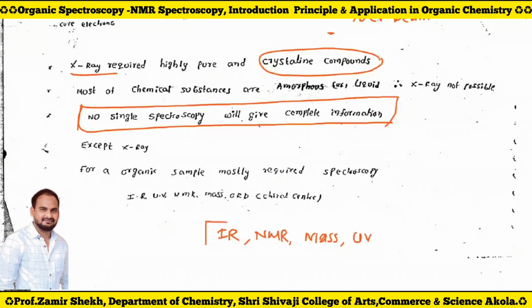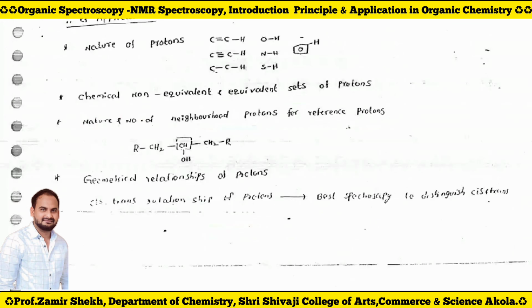These are the 4 important techniques especially for the interpretation of your organic molecule. So for an organic compound, you must deal with UV, NMR, IR, and mass. In NMR we again have 1H NMR and 13C NMR. So why 1H and why 13C? We will see.